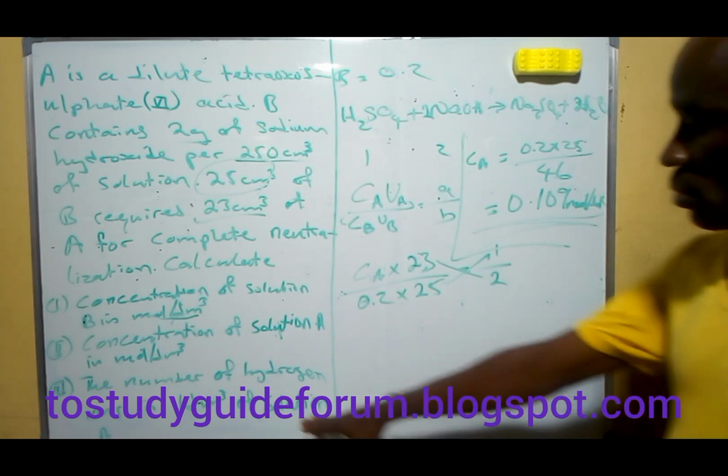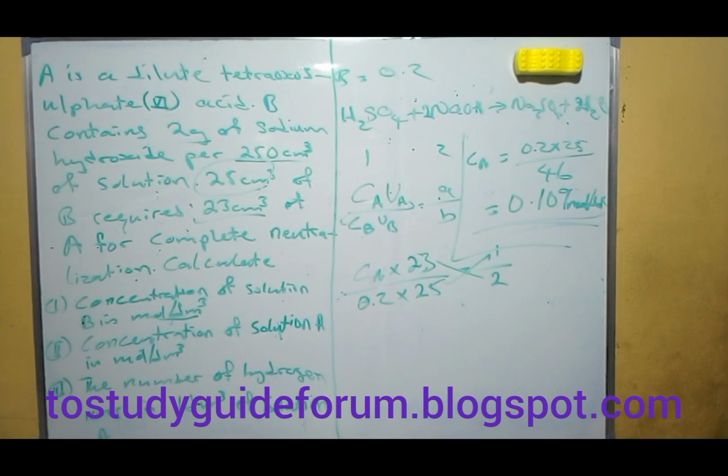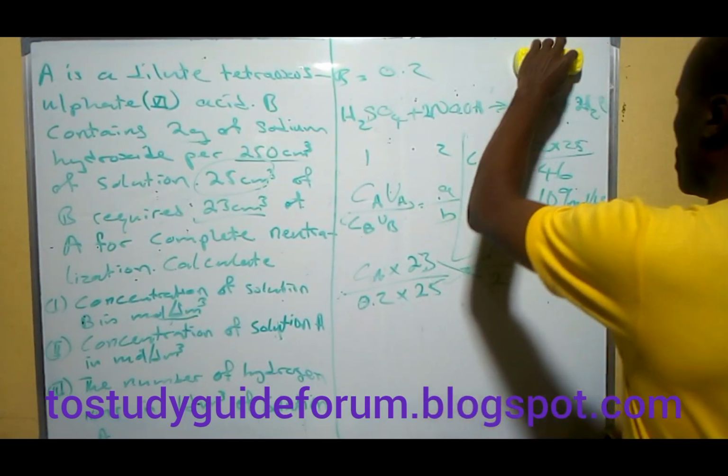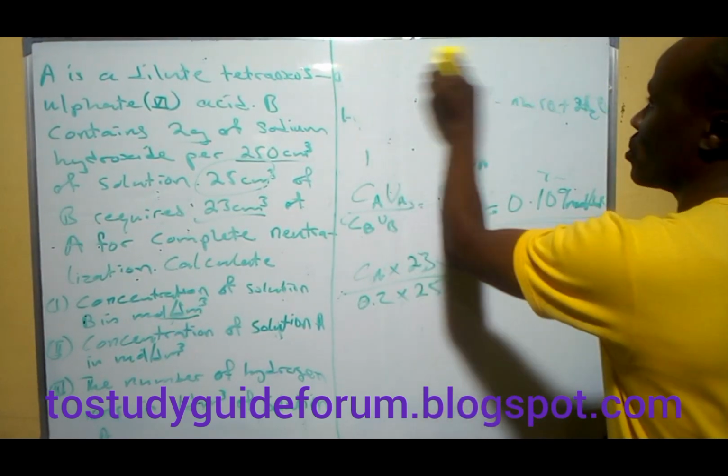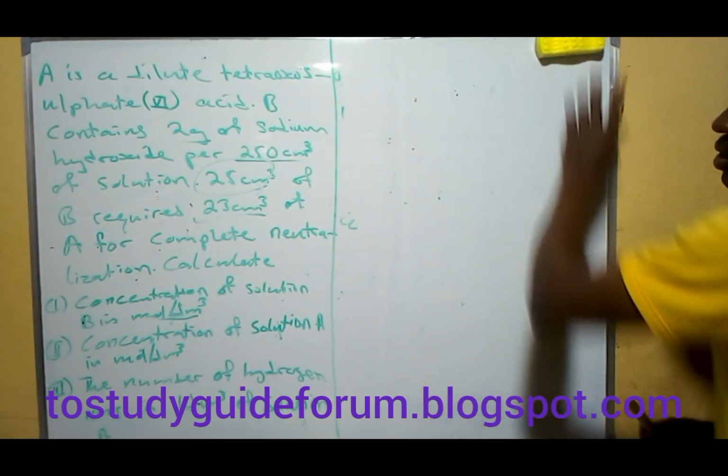Now the next question said we should calculate the number of hydrogen ions in 1 dm cube of solution A. What we do here is we go back to another chemical equation, the ionization equation this time.